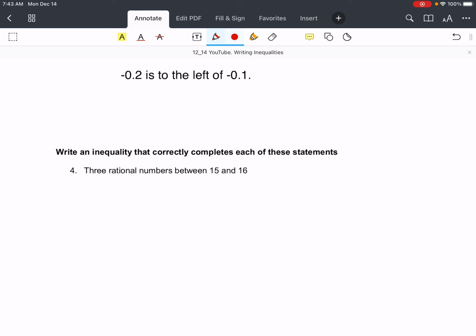So I'm going to say, well, 15.8, because that's between 15 and 16, is greater than 15.6, and 15.6 is greater than 15.2. And that inequality would correctly complete that sentence.